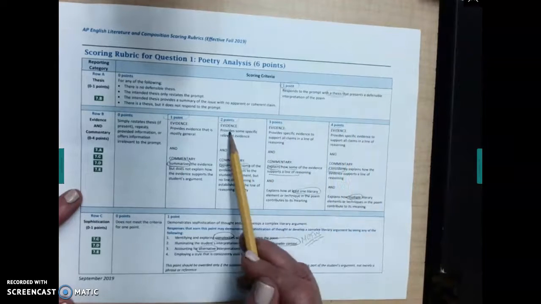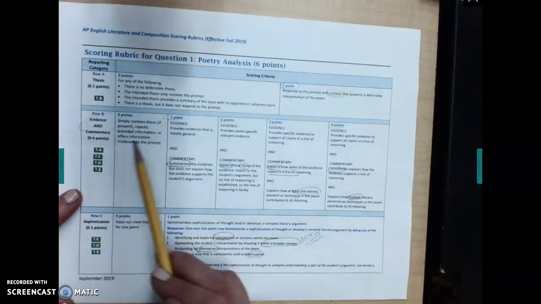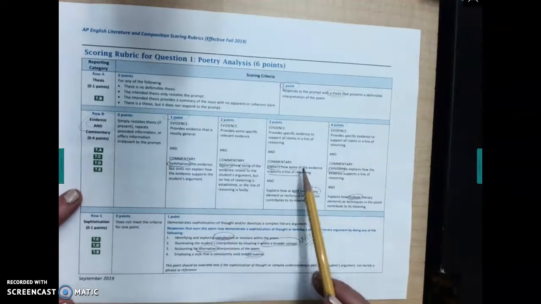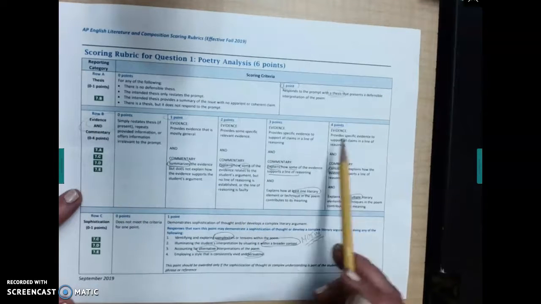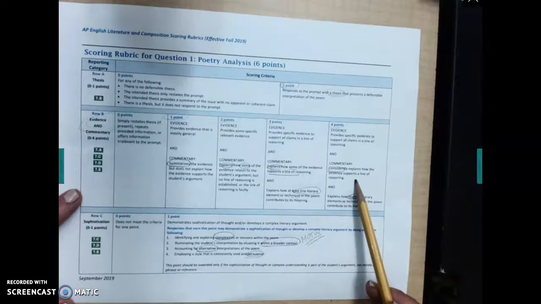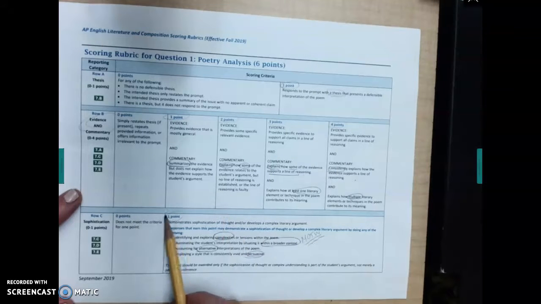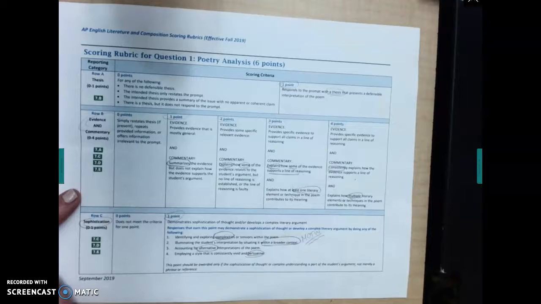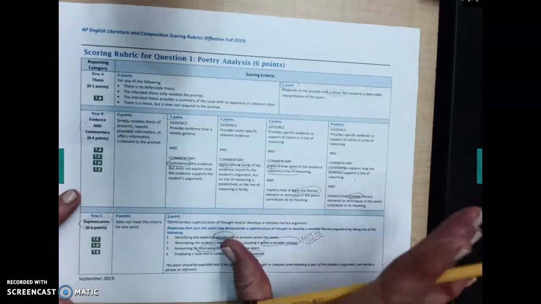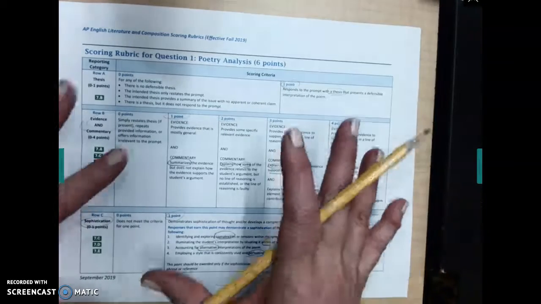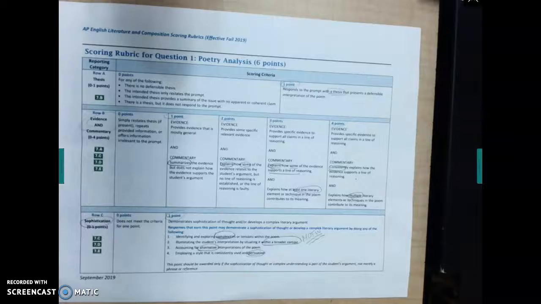I want you to read over the evidence and commentary and just highlight or underline the differences between each of the levels. And then also I want you to look at this 1 point for sophistication. Read this over, highlight or circle some of the things that you think are interesting. Mrs. Barton's going to give you a few minutes to do that. And when you finish with that, please chat about those major differences.